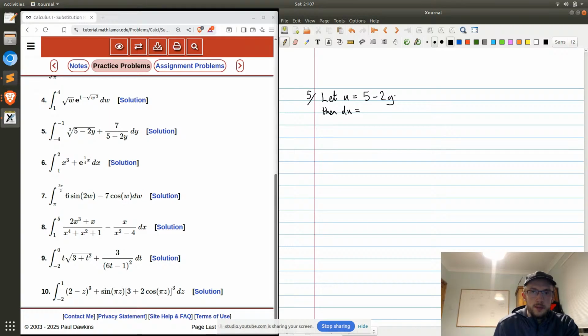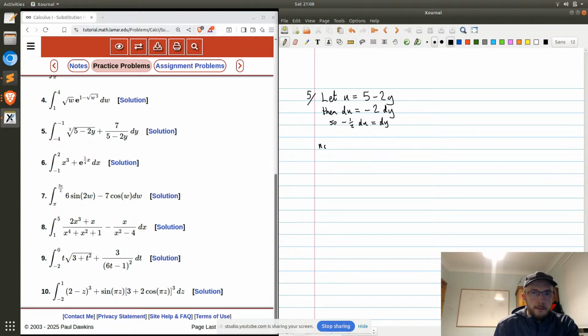Then du is just simply minus 2 dy. So minus a half du is equal to dy.